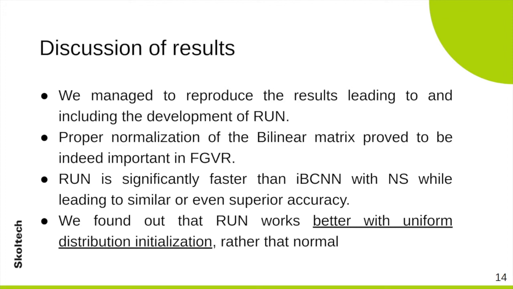An important finding is that RUN works better with uniform distribution initialization compared to the normal distribution used in the paper for initializing the vector for the power method. This small-looking change proved to play an important role in obtaining stable training and a well-performing network.